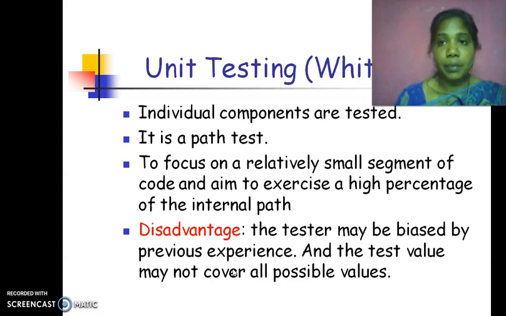You give the input and get the output. What is the expected result? It is the difference between the expected result and the actual output. So the tester cannot correct the error. Only the developer can correct the error.